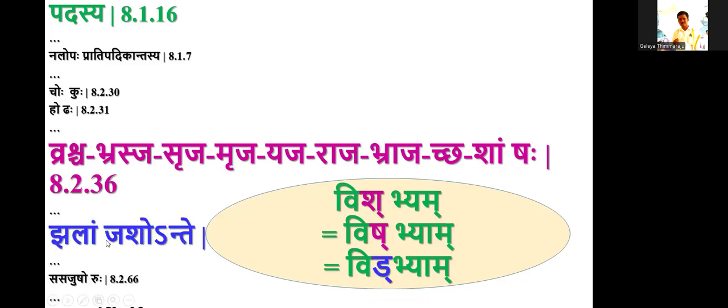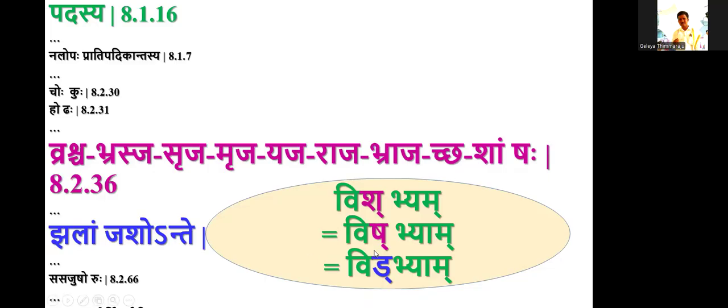And we have jalam jashonte. By this sutra, jhal letter, even sha is a jhal letter. It starts from jhabain gadadash, starting from there up to the last sutra hal, so it includes sha sha sar also. So this sha is a jhal letter, so that will be converted into respective murdanya just letter, that is dakara.